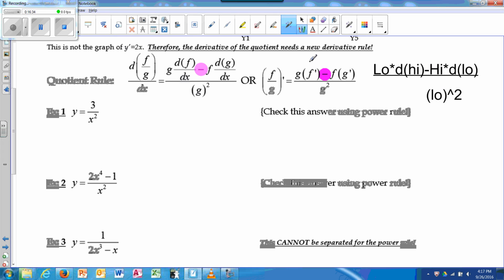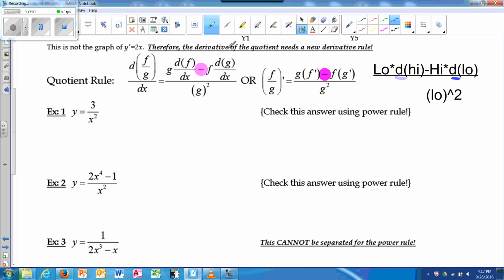So again, that's the low times the derivative of the high minus the high times the derivative of the low over low squared. So low d high minus high d low over the square of what's below. So only the d's are derivatives. Low d high minus high d low.